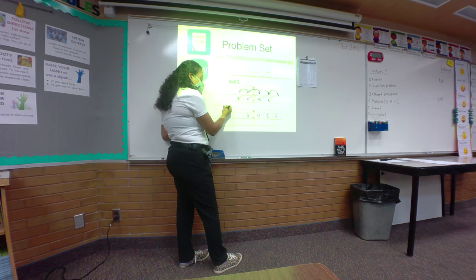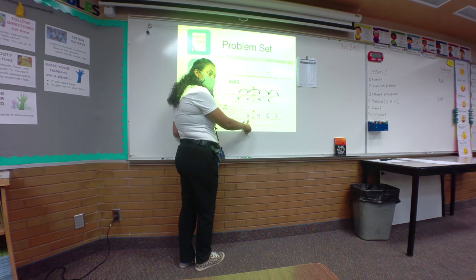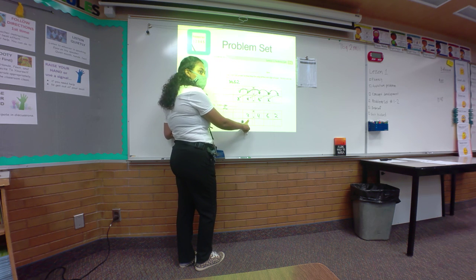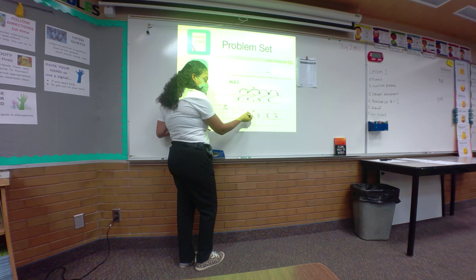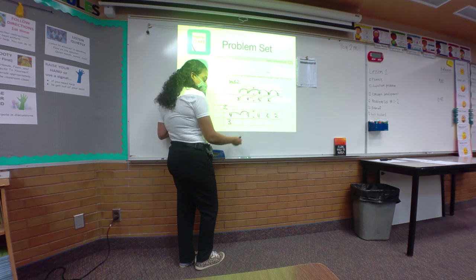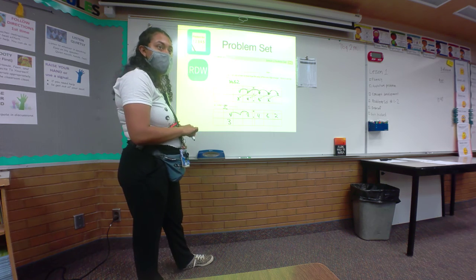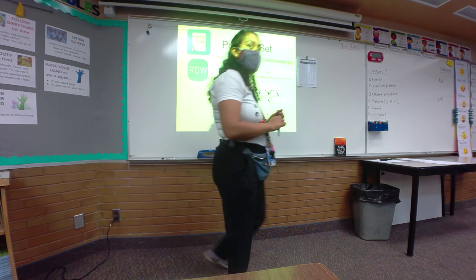So how many powers of 10 are in 100? 2, right? That'd be 10 times 10. So there's 2 powers of 10 in 100. So how many shifts for each digit? 2 shifts, okay? And since you're multiplying, you go to the left. Okay, keep going with the rest.